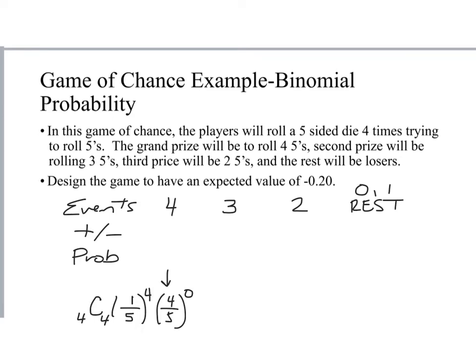So therefore, we're looking at 1/5 to the 4th power, which ends up being 1 out of 625.